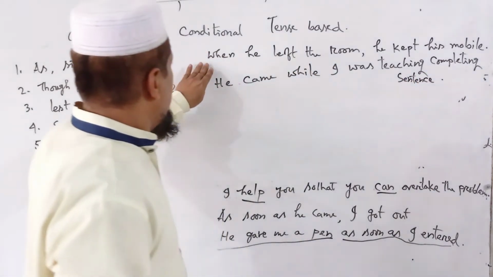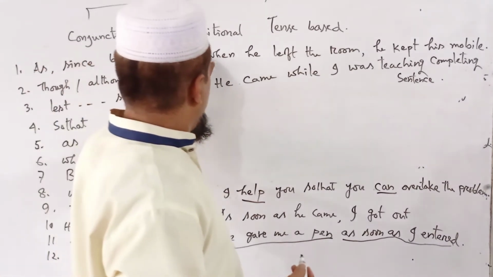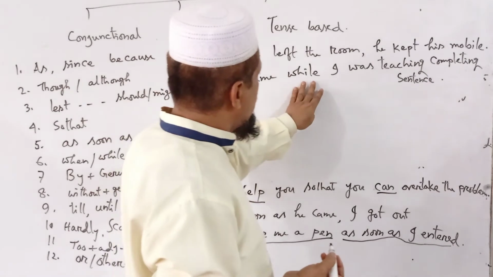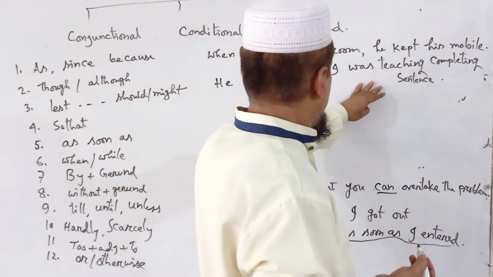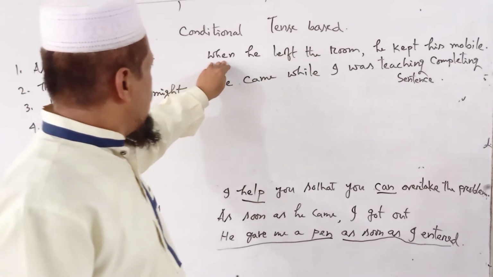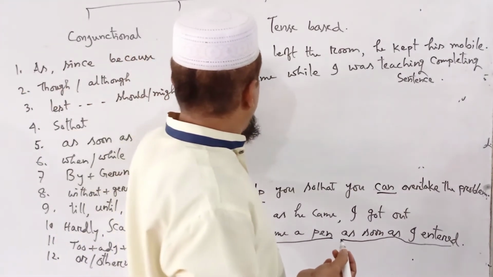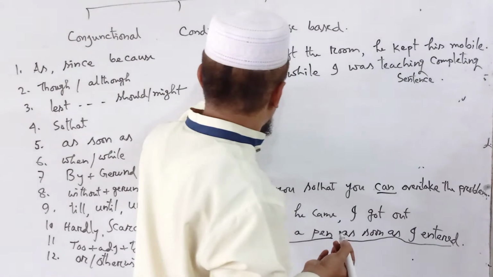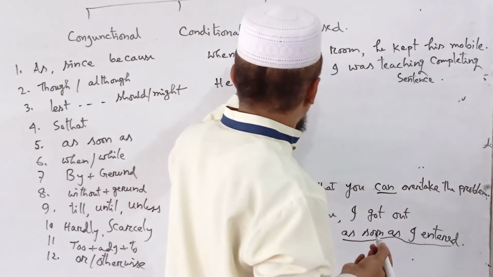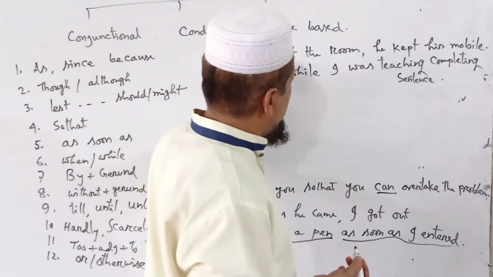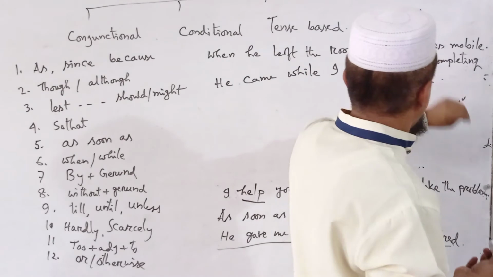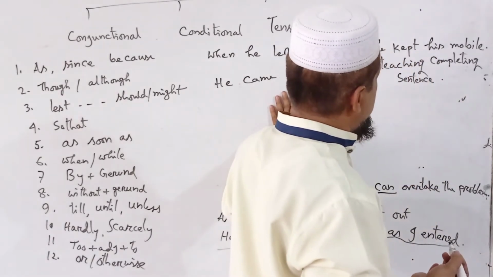Now look at the difference. When is used for a short duration of time, but while is used for a long duration of time. If there is when, usually it is used in the past form, past indefinite, so if the first clause is past indefinite, then the second clause will also be past indefinite. The tense form would not be changed here.